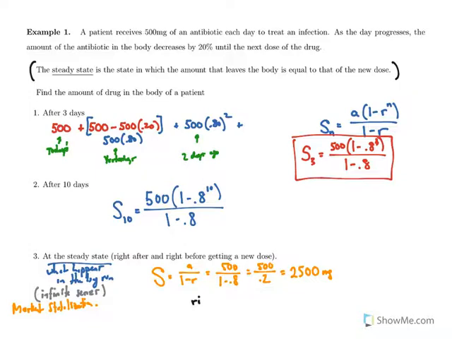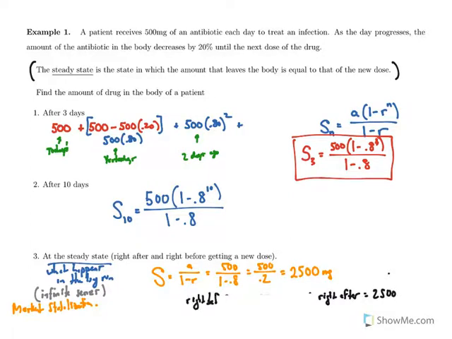Well, right before, we have 2,500, and right after, we have 2,500 plus 500, which is 3,000, as we're adding 500 to that dose. But as the day increases, in fact, actually, I got that backwards real quick, sorry. Right after, we have our steady state of 2,500.